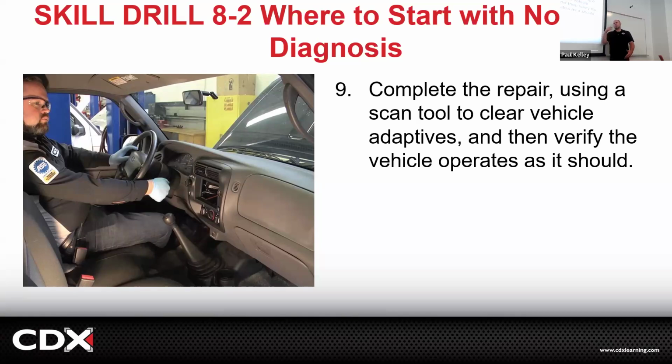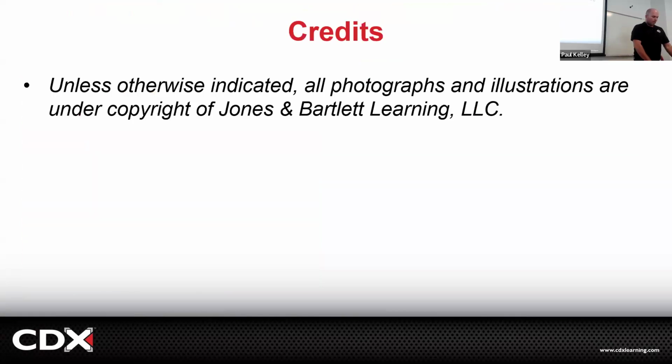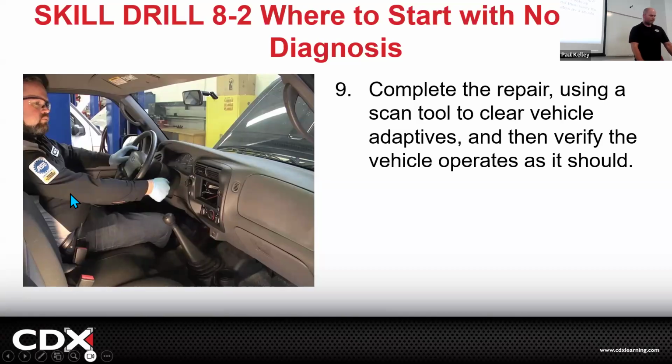But what we should do is a reset right there. Sometimes that's like an idle relearn. Sometimes just clearing the codes, even if there are no codes, will do it. So there's adaptations with the engine, with the transmission. There's stuff that's happening. After you do the repair, it's usually a good idea to reset that stuff. Cool. And then you guys are done.